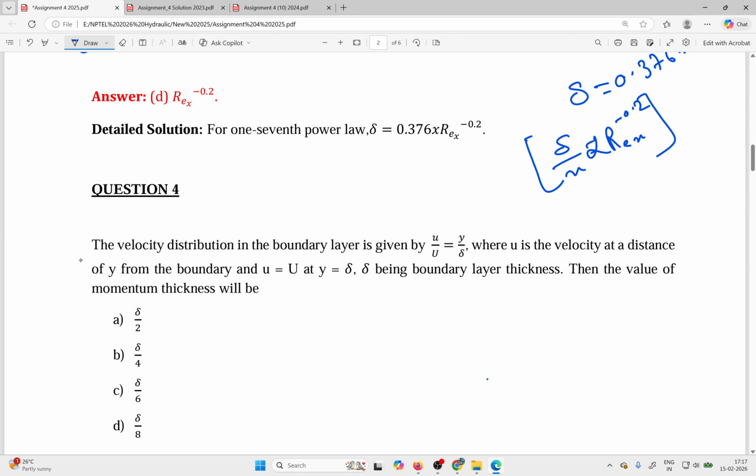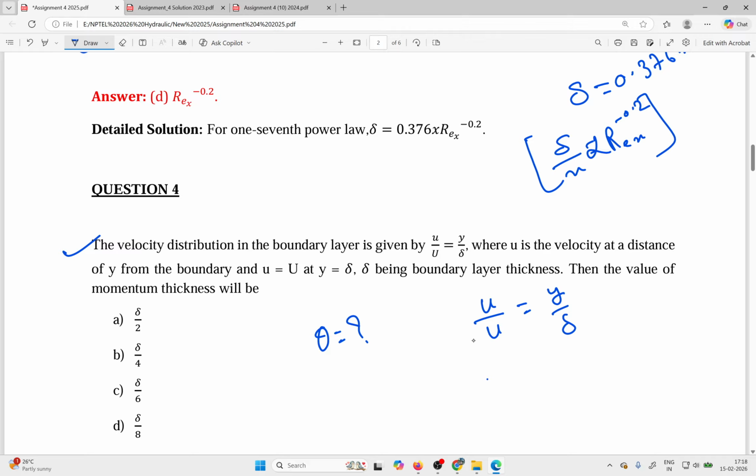Question number 4: the velocity distribution in a boundary layer is given by small u by capital U is equal to y by delta, where u is the velocity at a distance y from the boundary, and u is equal to capital U at y is equal to delta, delta being the boundary layer thickness. Then the value of momentum thickness will be.